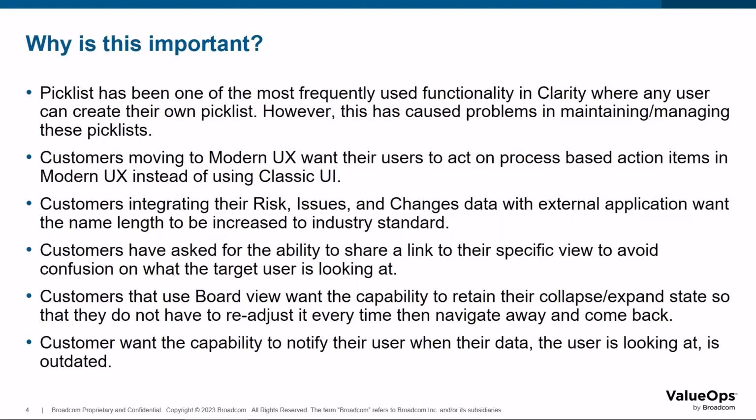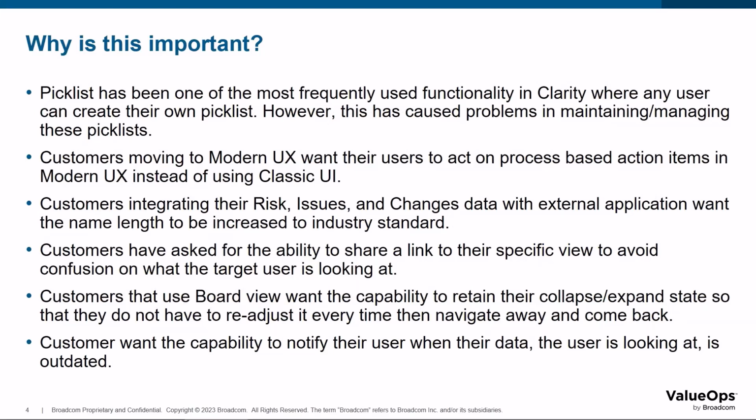Customers integrating risk, issues and changes data with external applications wanted their name length to be the industry standard size rather than the current limited number that they had. Customers have also asked for the ability to share a link to a specific view to avoid any confusion on what the target user is looking for.